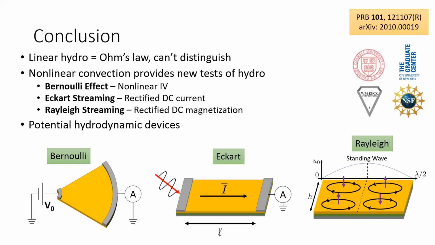Maybe I'll just make a comment. So the first statement here, linear hydro equivalent to Ohm's law. Sometimes people mean different things by Ohm's law, right? Sometimes what is meant is simply current equal to conductivity times electric field, but that is simply linear response.